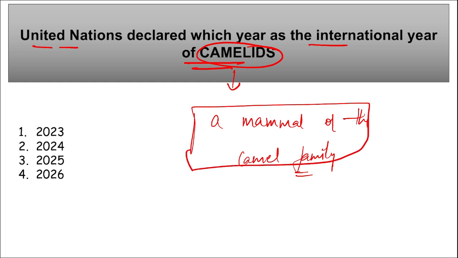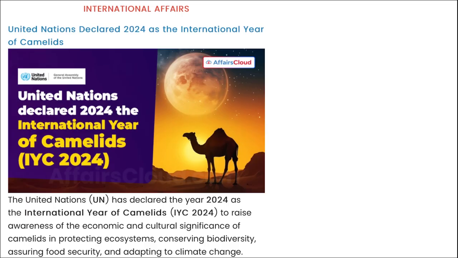Recently the UN, that is the United Nations, declared which year as the International Year of the Camelids? It is the year 2024. Here you can see the UN declared 2024 as the International Year of the Camelids to raise awareness of the economic and cultural significance of camelids in protecting ecosystems, conserving biodiversity, assuring food security and adapting to climate change.